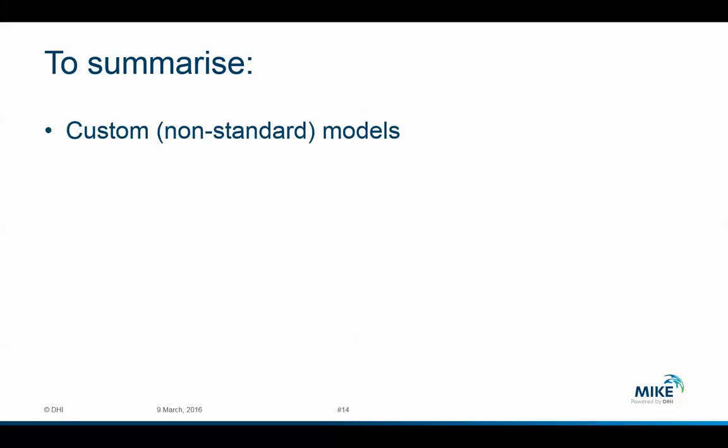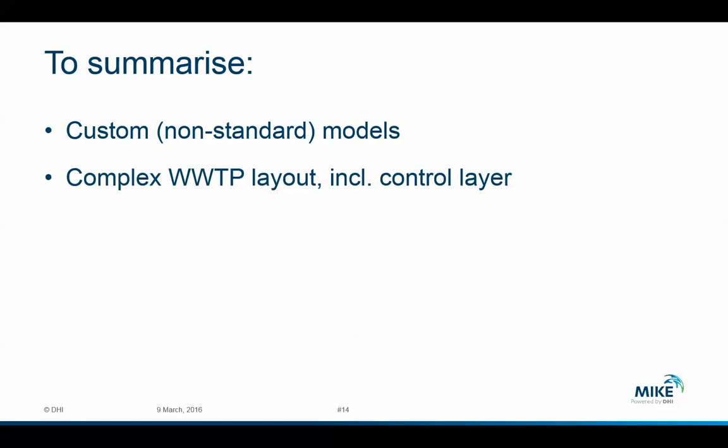Well, Waste allows for implementing new models of virtually any complexity. It allows for setting up complete wastewater treatment plant layouts, including the control layers, again, of virtually any complexity, and to carry out both process and energy optimization exercises.